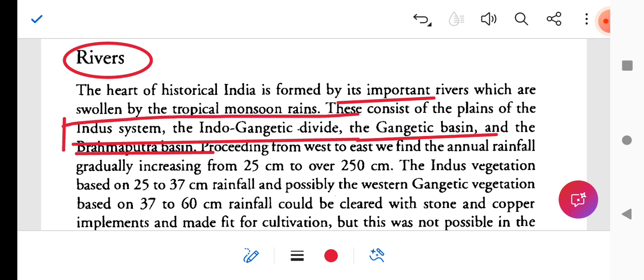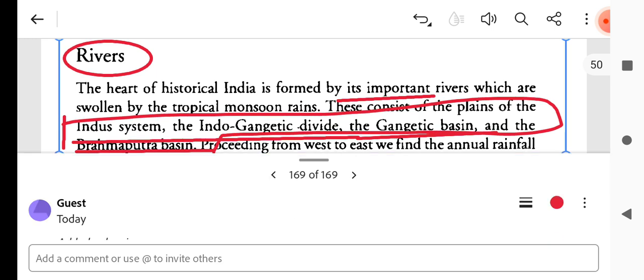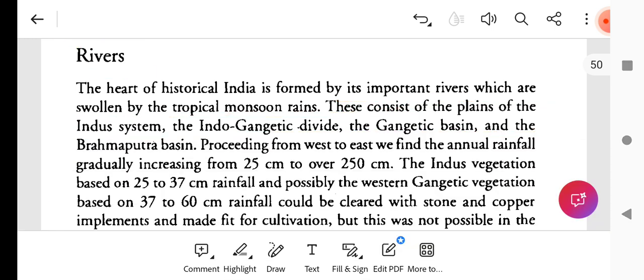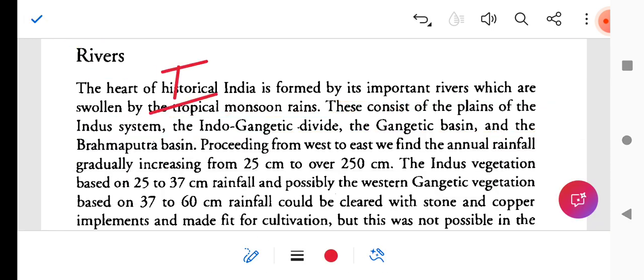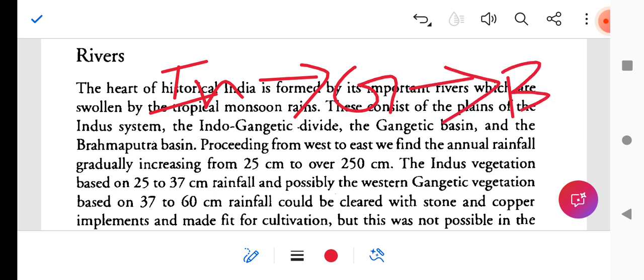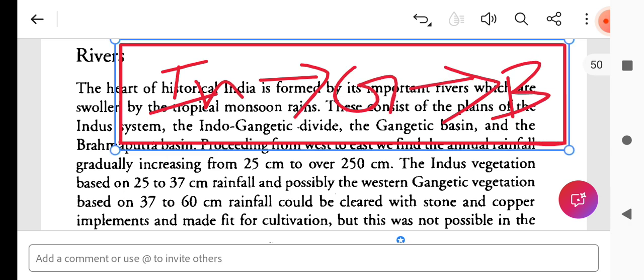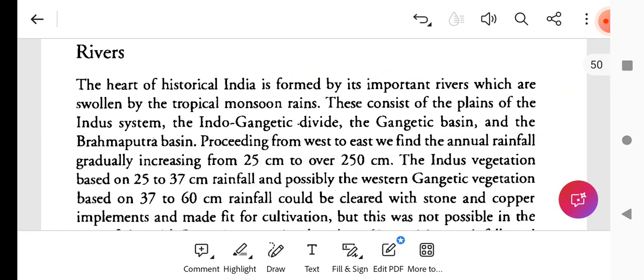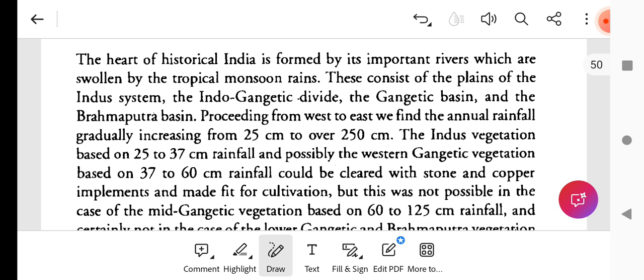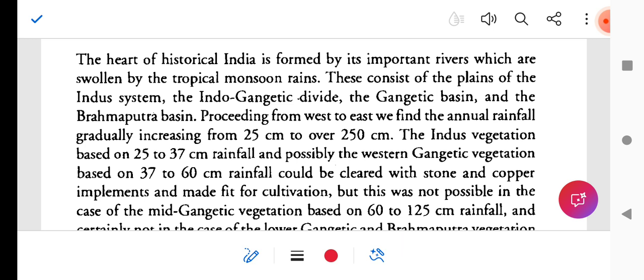So these are the three large river systems: the Indus river system, the Ganga river system, and the Brahmaputra river system. These are the important three rivers in North India, covering most part of the country.